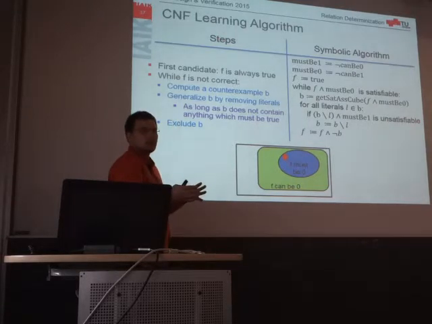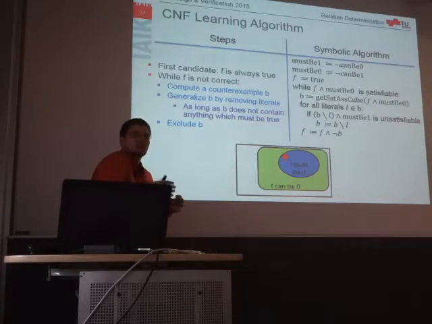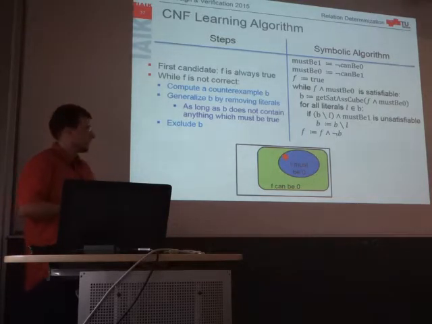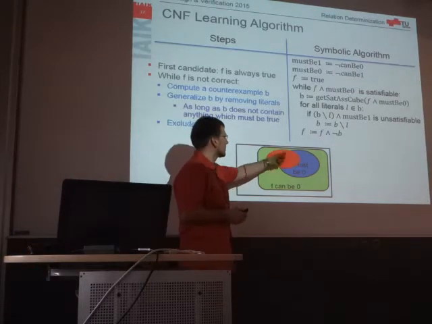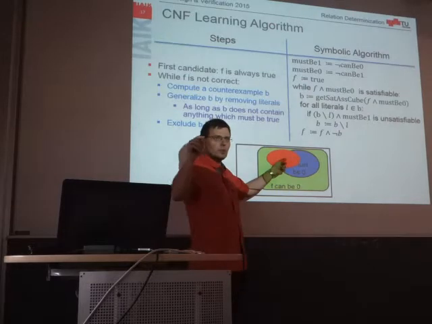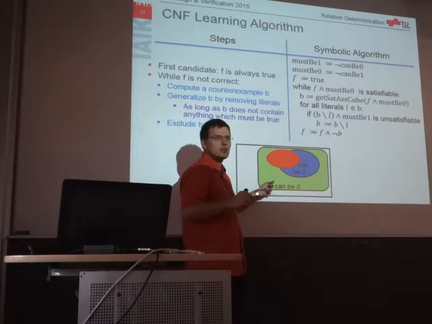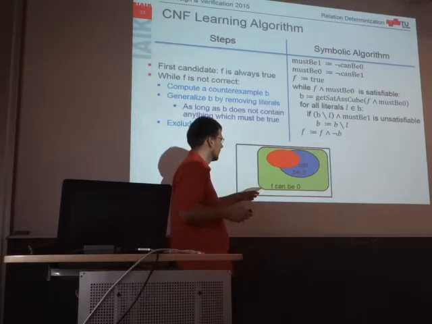It covers more assignments, because this literal that we left out can now take both values and it will not make a difference. Then we try to leave out another one, and another one. And still all the time we are just excluding things from the area where it either must be 0 or can be 0. So it doesn't hurt to exclude all these things.